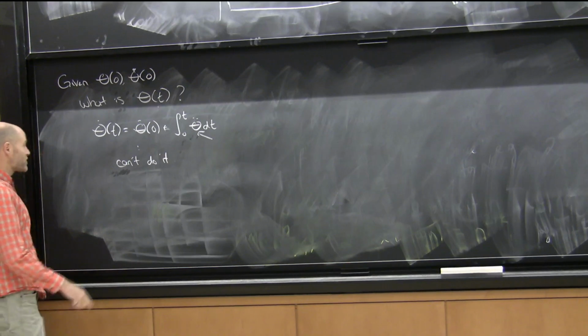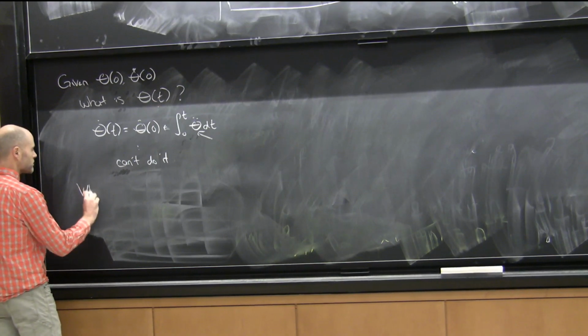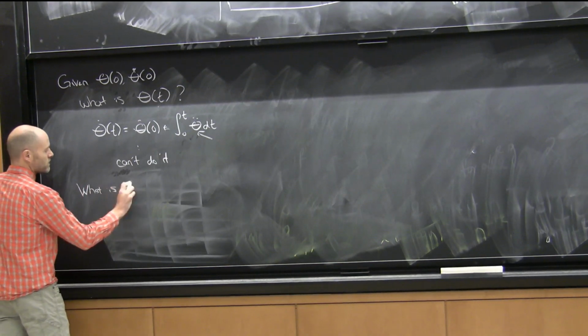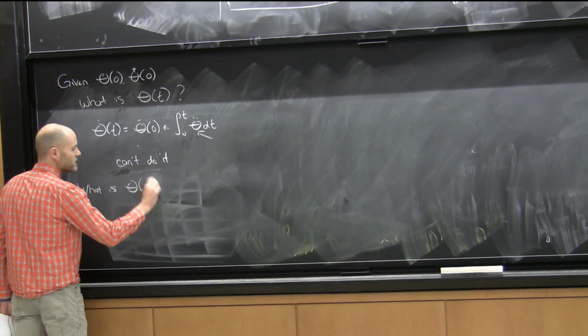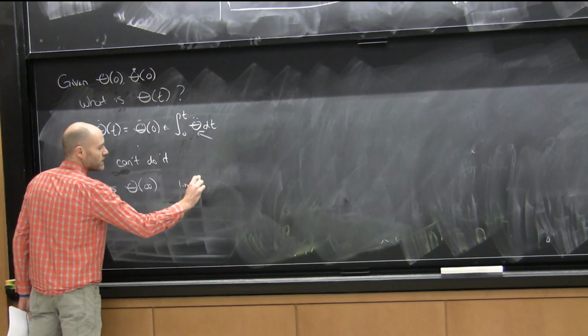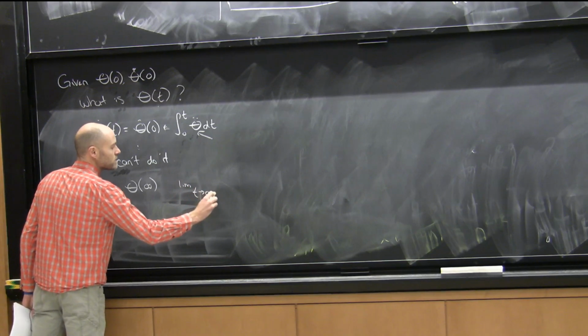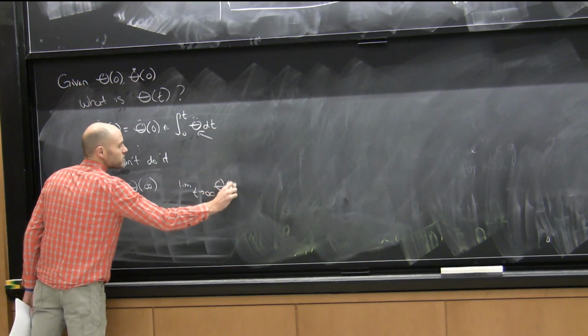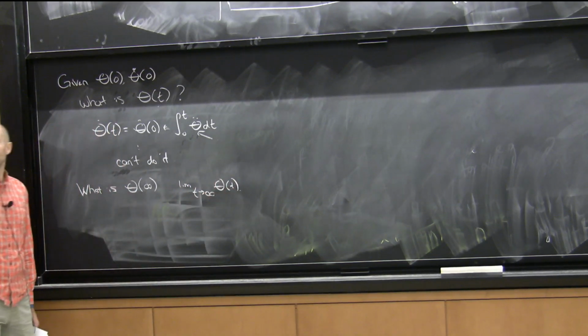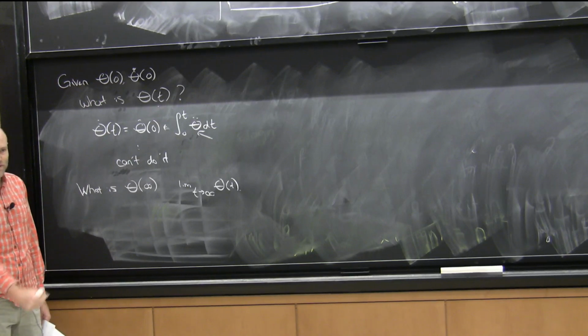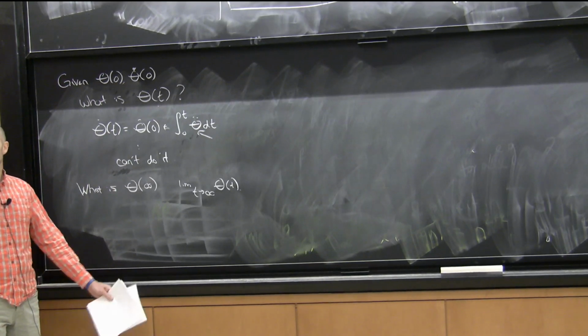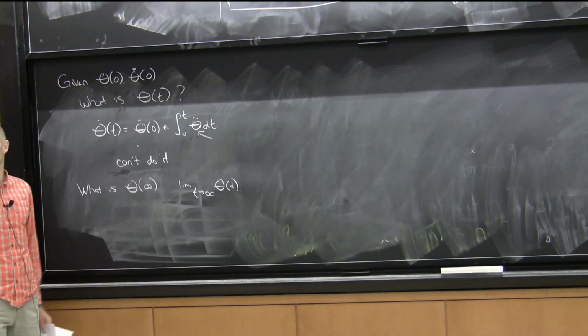Then if I ask you, what is theta infinity, the limit as t goes to infinity of theta of t, we have some intuition about that. That's satisfying. At least I can talk about the long-term solution of the system.